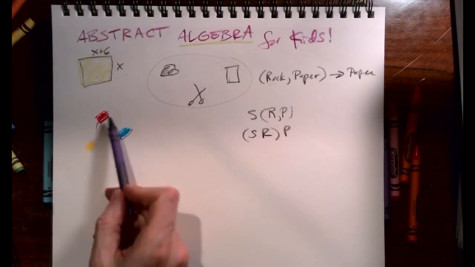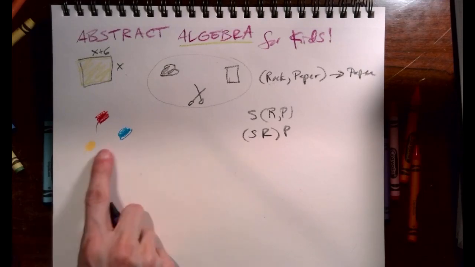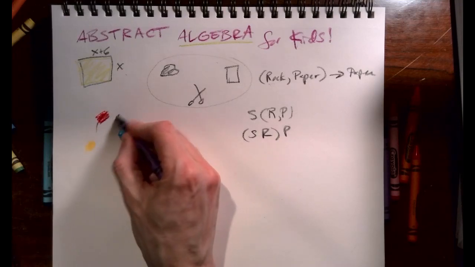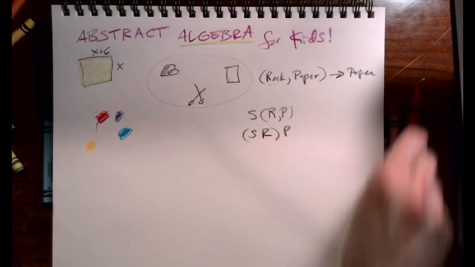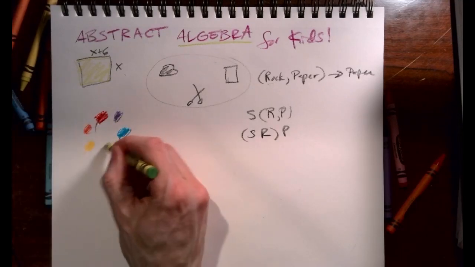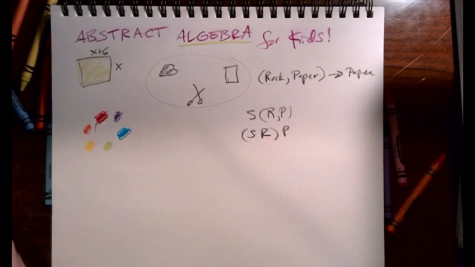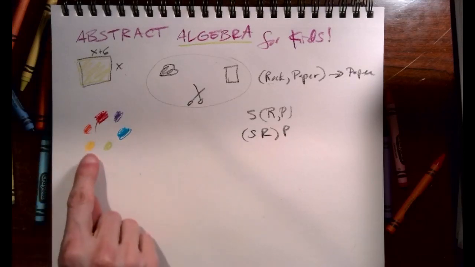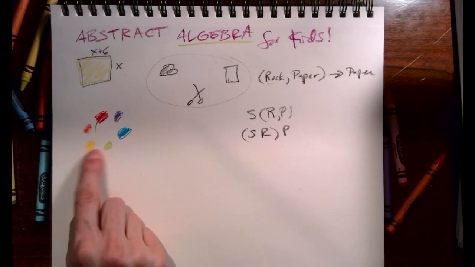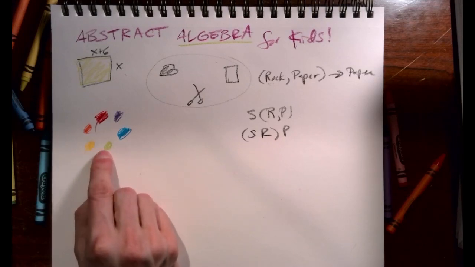But if this is my set, and my operation is combining them to form a new color, I'm noticing purple is not in this set, right? So I might say I better add purple to make this all work out. And while I'm at it, let's do the combinations of these, because we know red and yellow make orange, and so on. So now, what if I combine these 2, yellow and green? Well, that's going to make a kind of a yucky green, right?